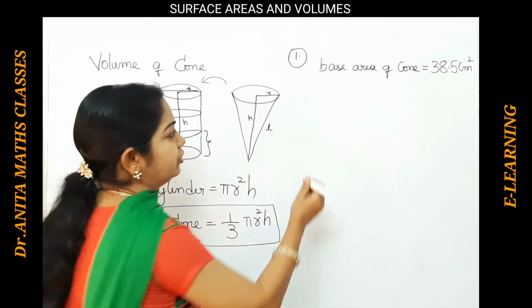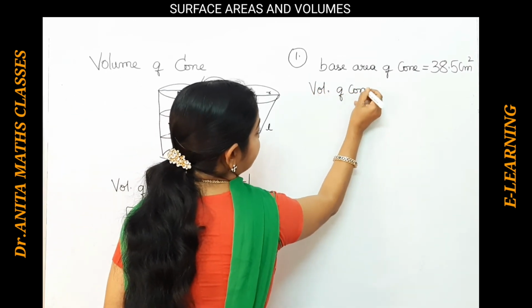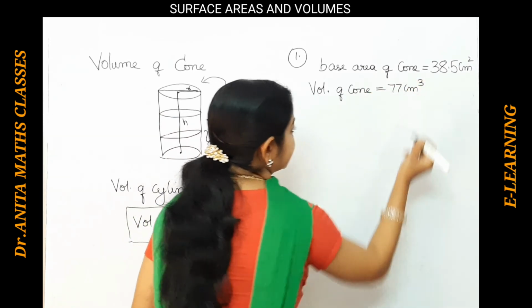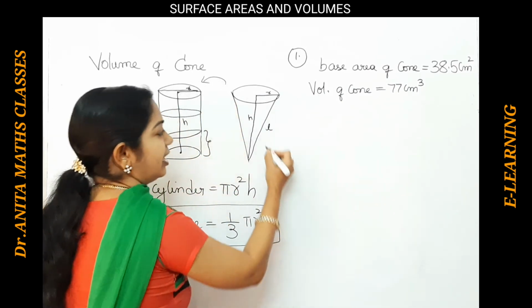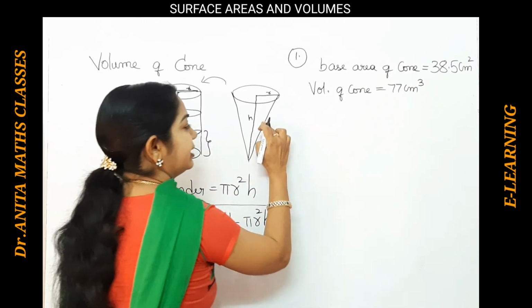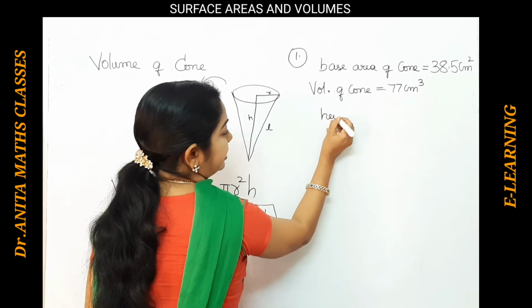Also given the volume of the cone, 77 cubic centimeters. Here asked the height. When asked for height, we have to find h, that is the vertical height. In specific, if they ask for L, that is the slant height, we should find L. Okay, so height is asked.